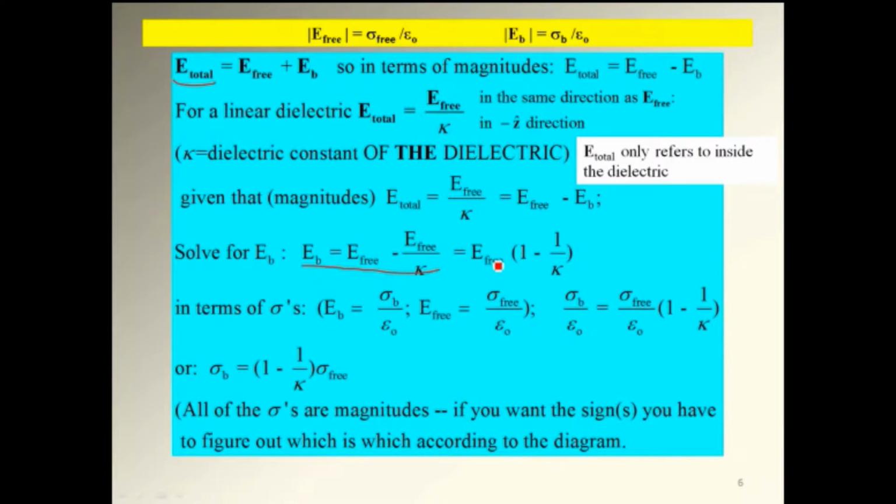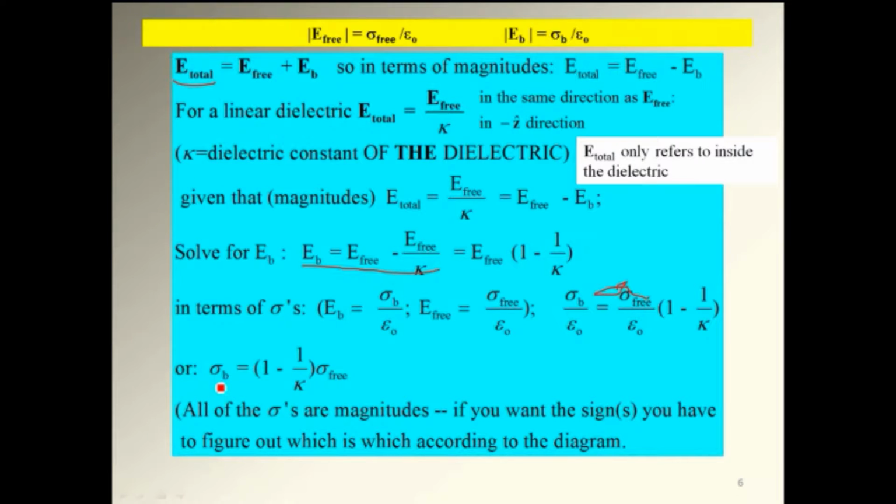We can put in the E free equaling sigma free over epsilon naught. That's right here. And we have the factor 1 minus 1 over kappa, and of course the epsilon naught. So from that, we can just multiply by epsilon naught. We can get the bound charge density in terms of the free charge density. So here it is right here.